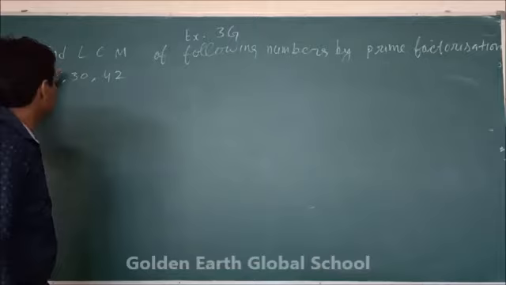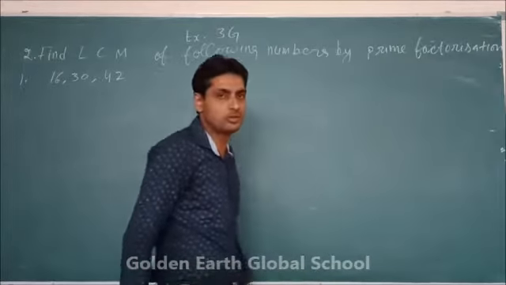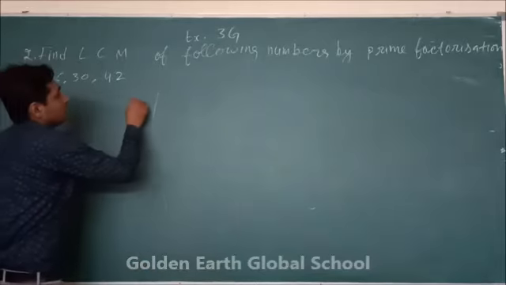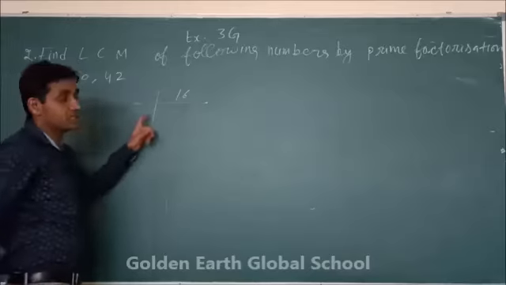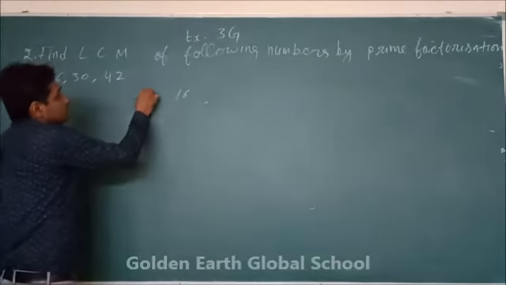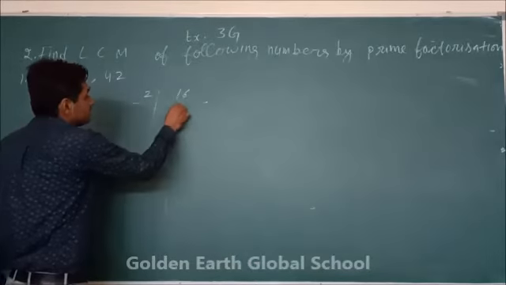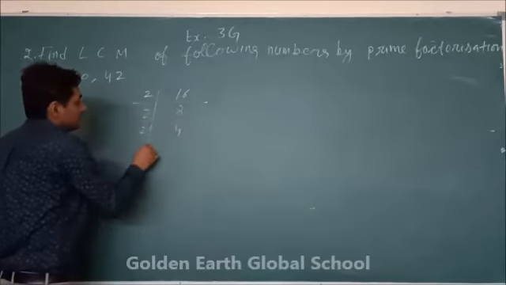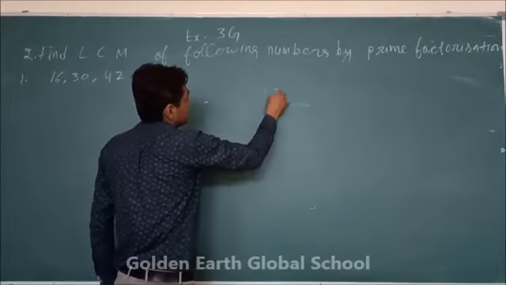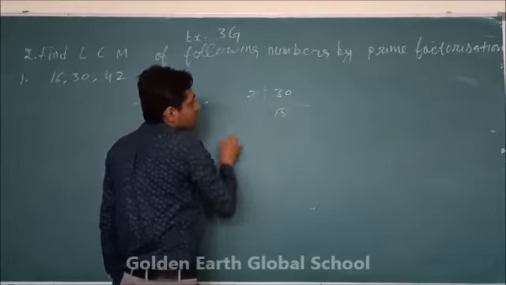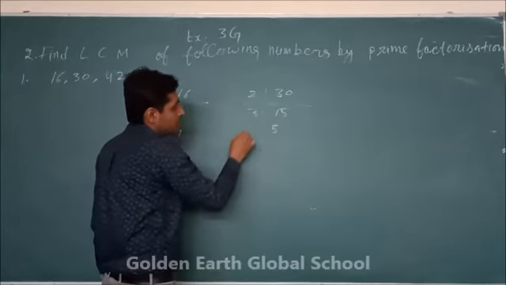Second question: find the LCM of the following numbers by prime factorization. You know prime factorization, so we find the factors which are prime. You divide by 2: 2 8s are 16, 2 4s are 8, 2 2s are 4. Similarly 30: 2 15s are 30, 3 5s are 15.